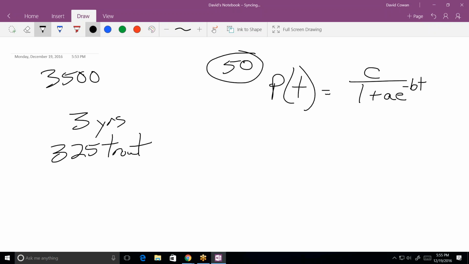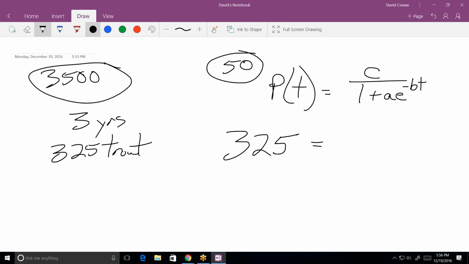No, the P of t is the population of the trout based on time. So I'm going to put 325. Oh, C, I think, is the limiting population. In other words, the numerator becomes 3,500.